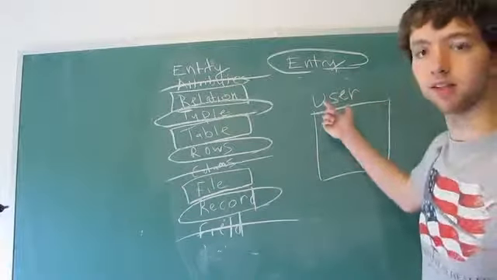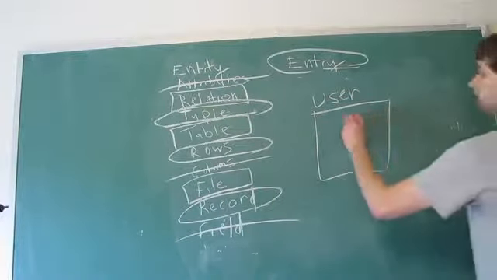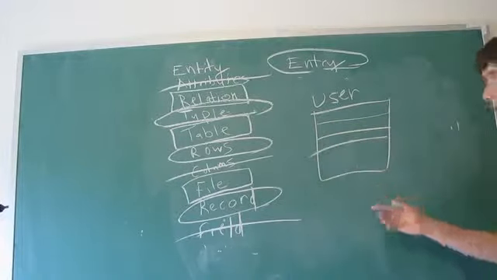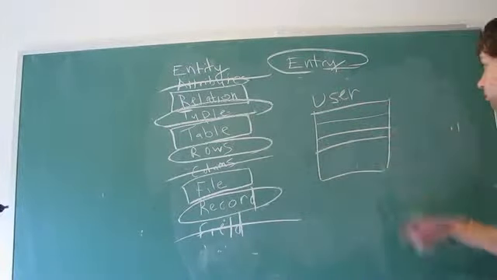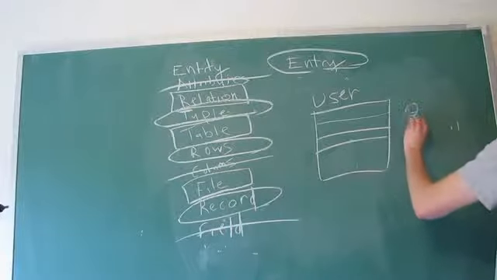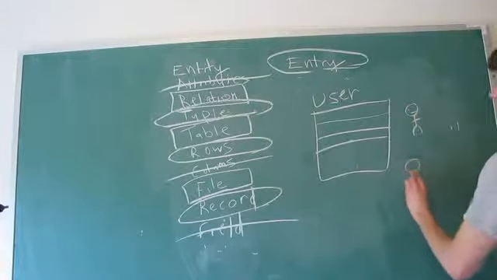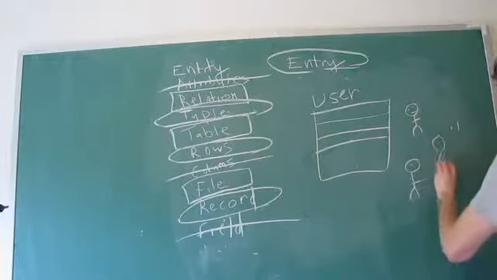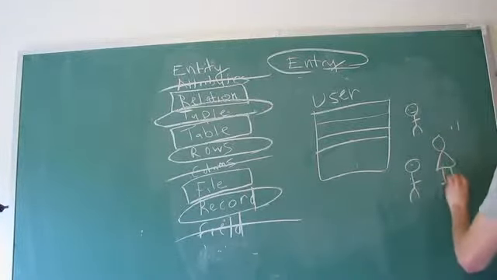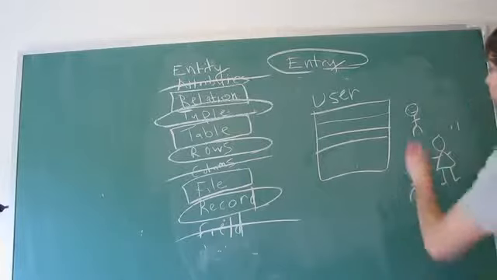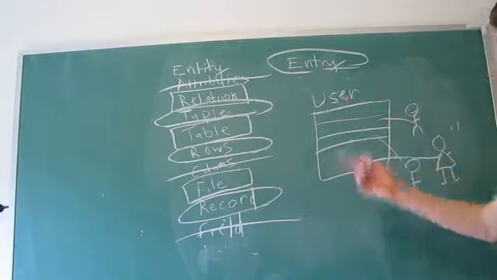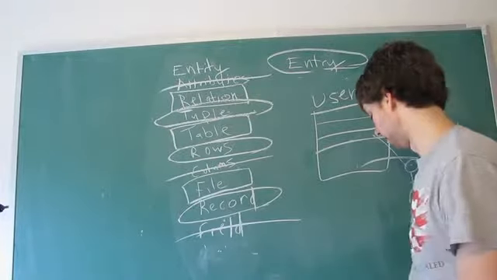Well, the user is the entity, but a specific entity would be a row within this table, because we'd have the entity for this guy over here, and then we'd have one for this guy down here, or for this lady over here. So these all get their own rows, you see? So an entity is just something we store data about.